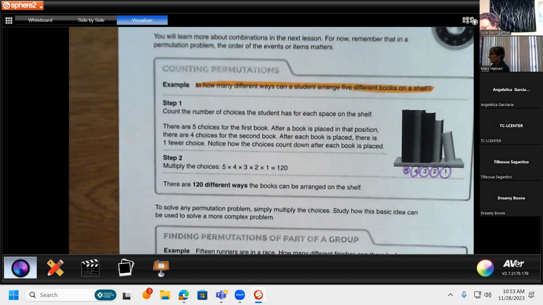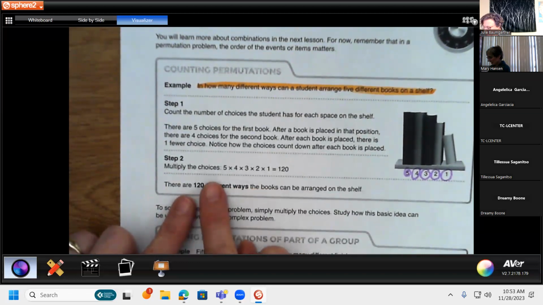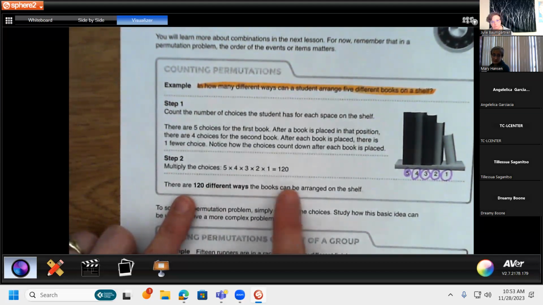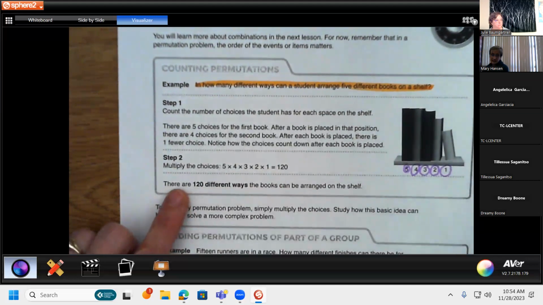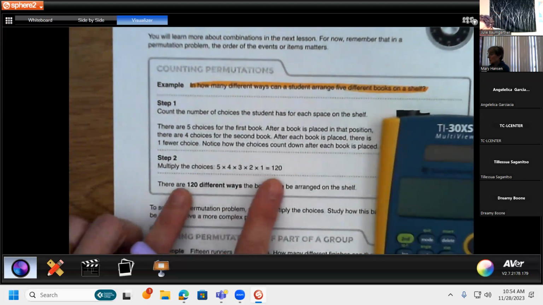Okay. So the shortcut, super easy math problem, if you were to get this on the GED, is to find the answer. You simply take 5 times 4 times 3 times 2 times 1. And that gives you the number of possible ways that you can place 5 books. And you can see they've multiplied it out for you. 5 times 4 times 3 times 2 times 1 is 120.